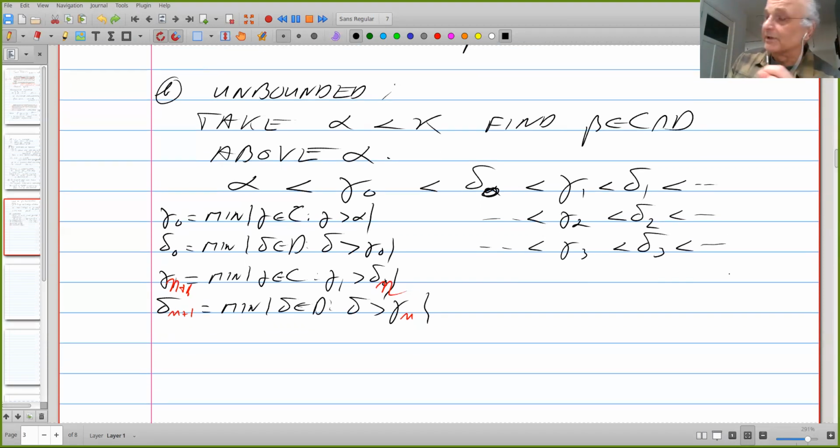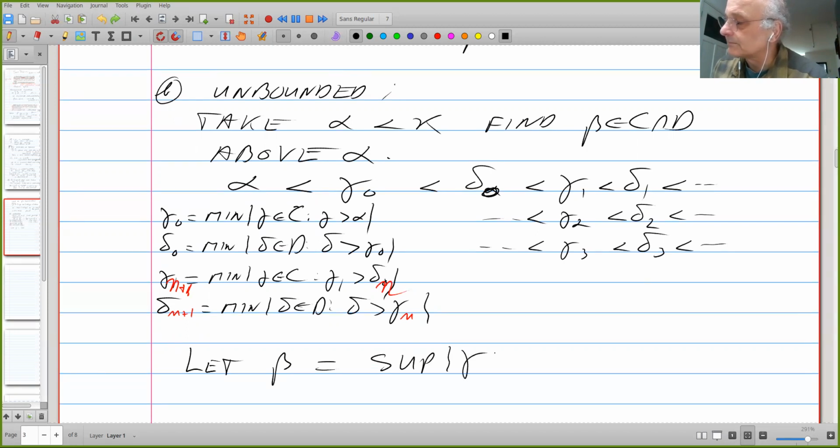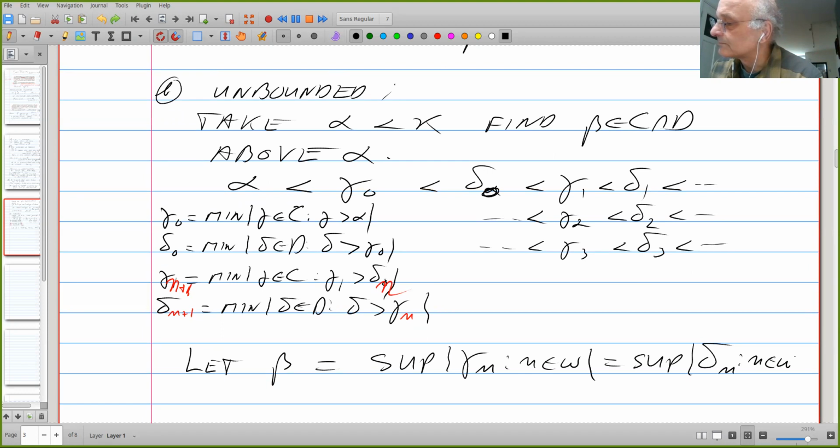That's a countable sequence. So what do we do? Where does our beta come from? Well, beta is the supremum of this countable sequence. This countable sequence has a supremum that is really smaller than kappa, but it's bigger than alpha.